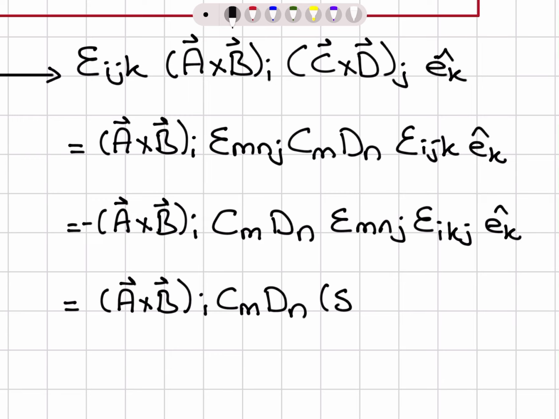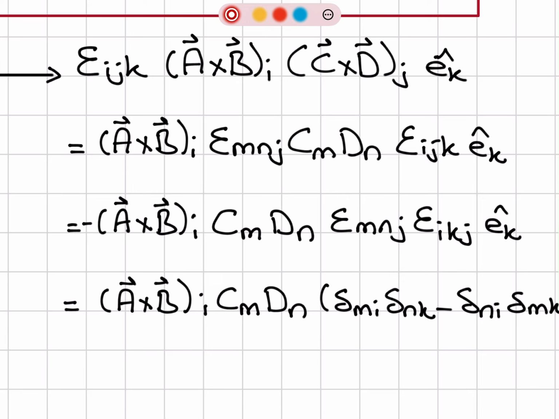Delta mi, delta nk, minus delta ni, delta mk. But I have a minus sign here, so this is going to be plus, and this is going to be minus.